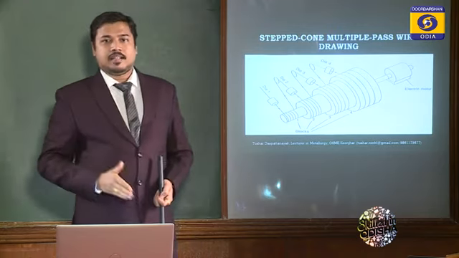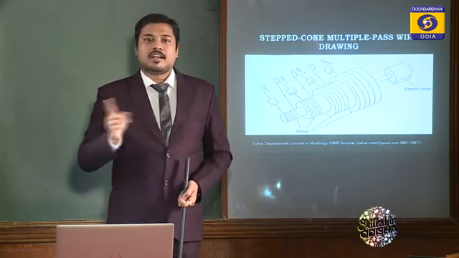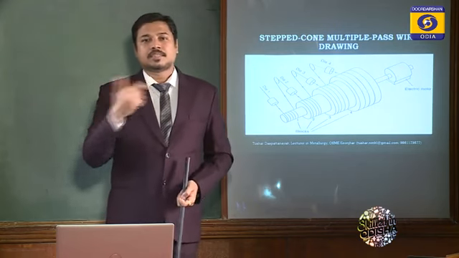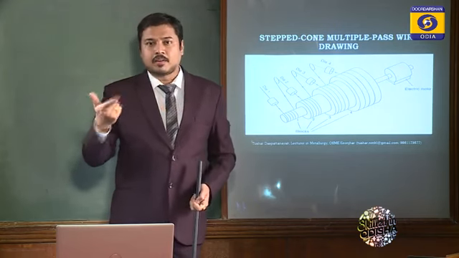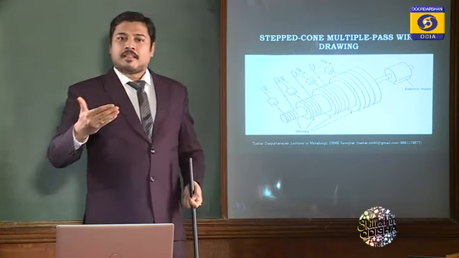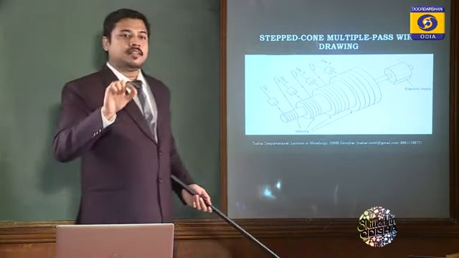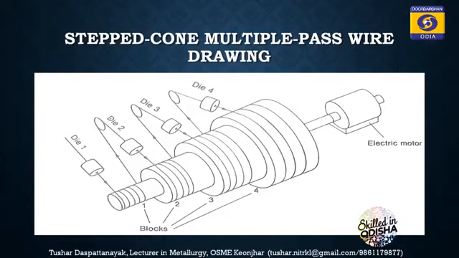Like I explained you, if I want 1 mm wire, I can't get at a single go 1 mm wire out of 6 mm wire, 6 mm rod. I have to pass it 3-4 times so that I can get 1 mm wire or 0.5 mm wire. This has been done in a limited space using a single drive, a single motor, using this stepped cone multiple pass wire drawing equipment.